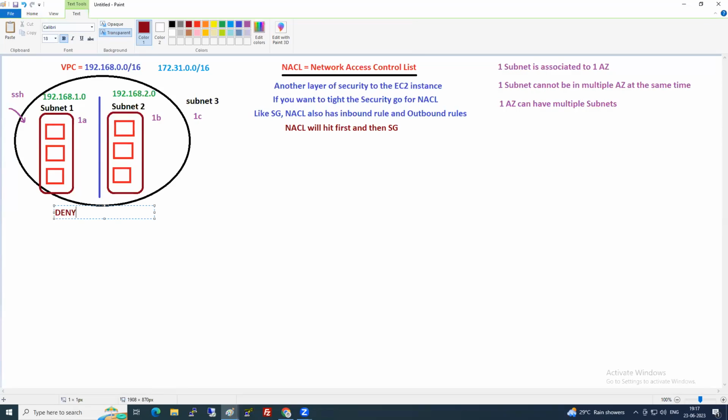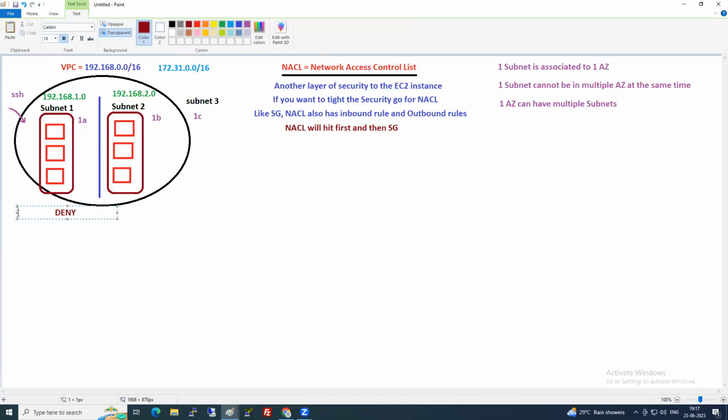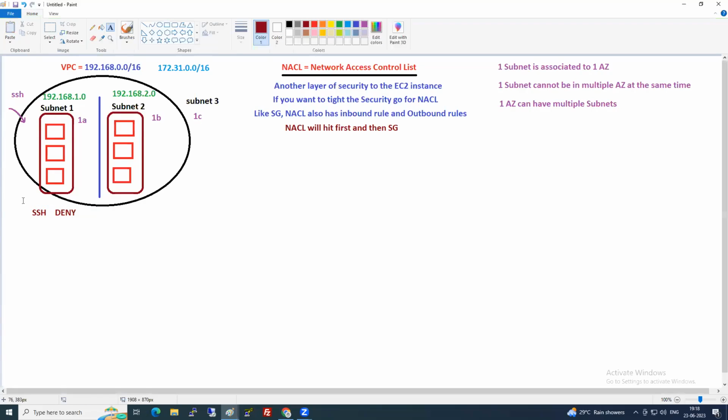So instead of going into the security group and removing the SSH rule, can I add a new rule in NACL? SSH deny. And this NACL is for the EC2 instance or for the entire subnet? Okay, understood? So I go and add SSH deny for the entire subnet using NACL.